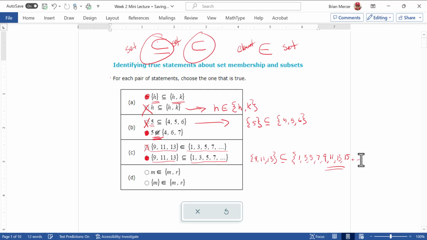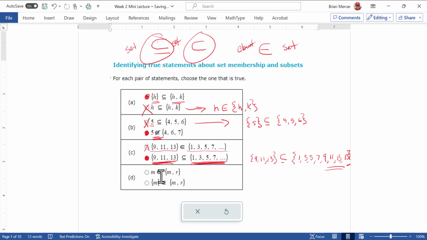Dot, dot, dot. You don't have to write everything there just to show that. Sorry, I ran out of room, it won't let me write the end. The point is I'm verifying that every element of this set is also an element of this set. That's what it means to be a subset of.